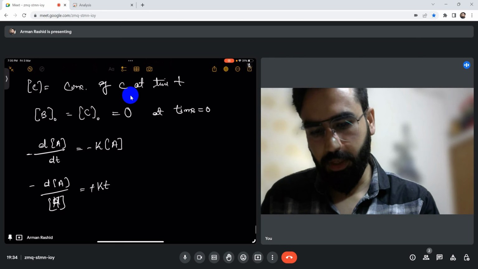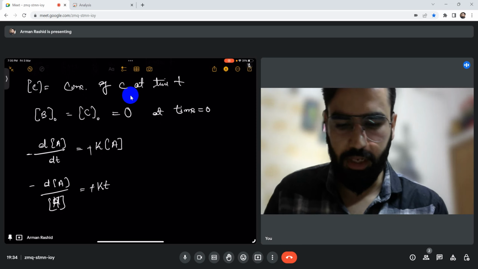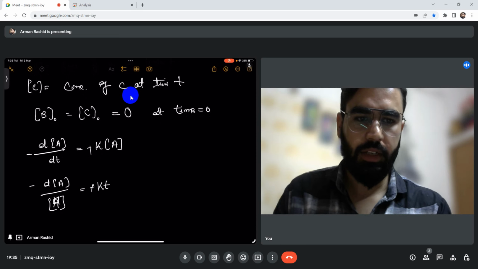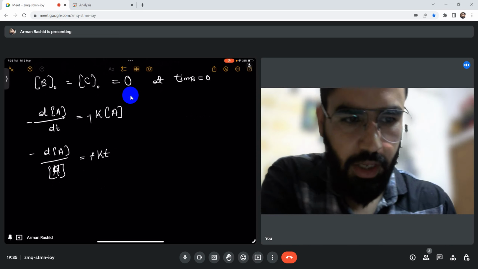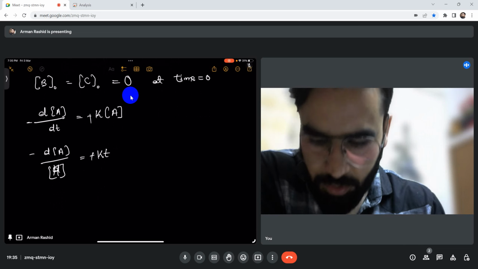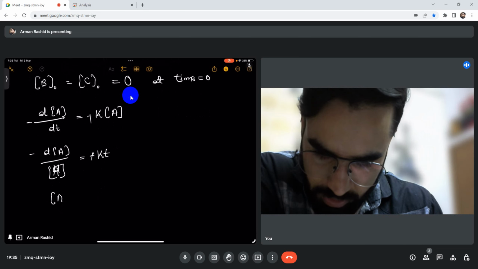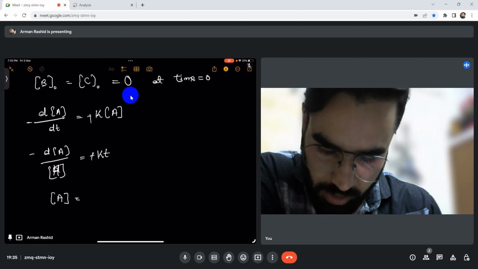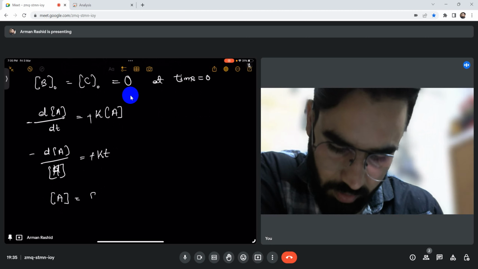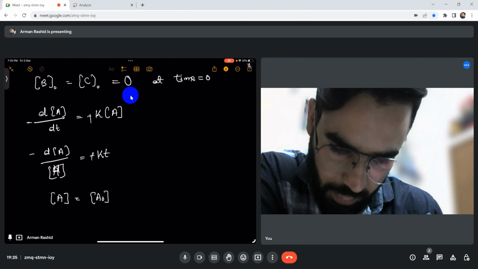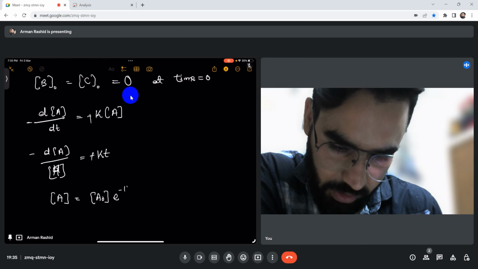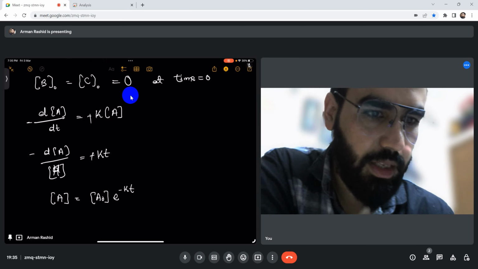Sorry, it will be plus kt. So this is equivalent to ln, and from that equation we come to know that the concentration of a reactant in a first order reaction will be equivalent to the initial concentration multiplied by e raised to the power minus kt.